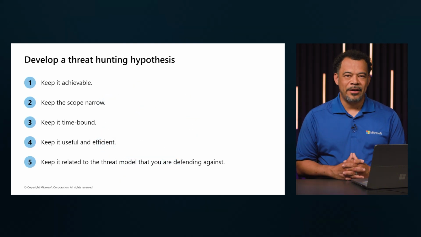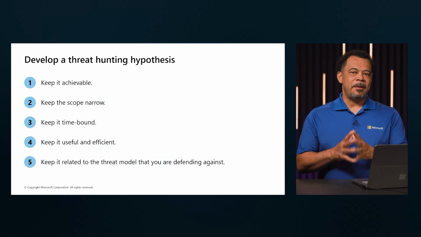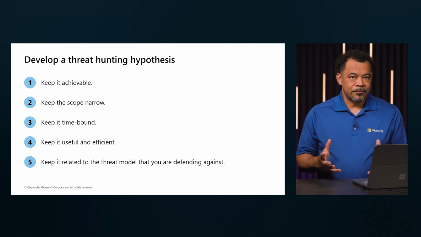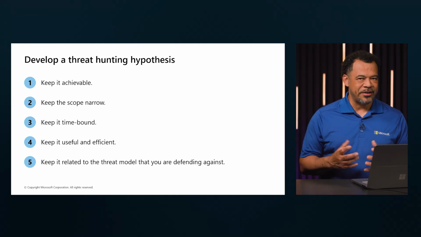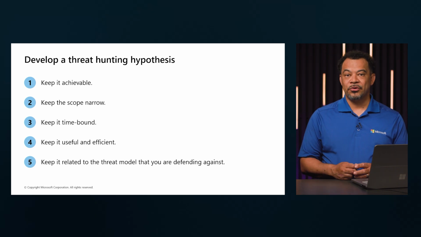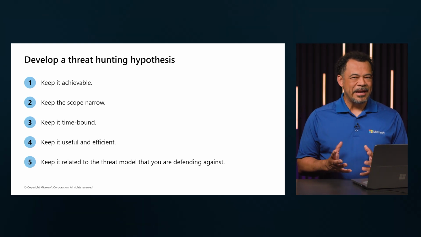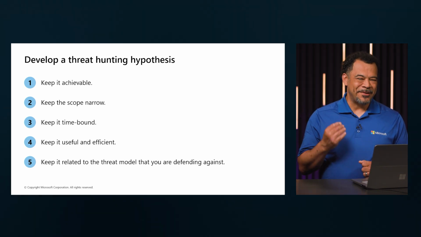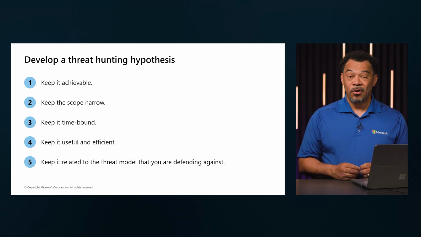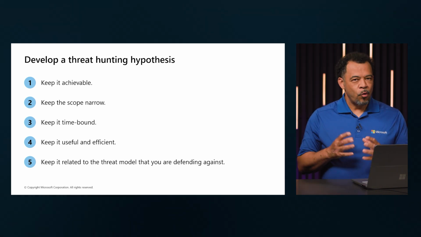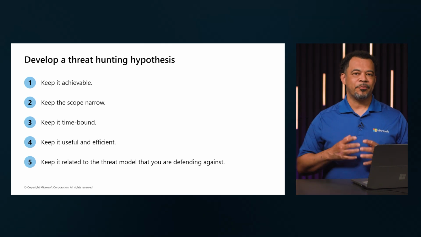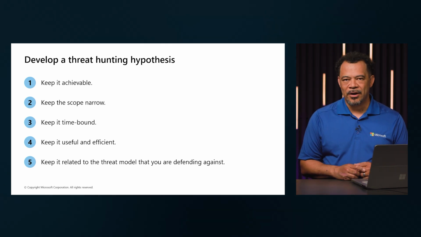When developing a threat hunting hypothesis, start by making sure it's achievable, something your team can realistically investigate with the tools and data available. Narrow the scope to focus on specific threats, behaviors, or a specific environment, which helps reduce noise and improves the precision of your hunt.